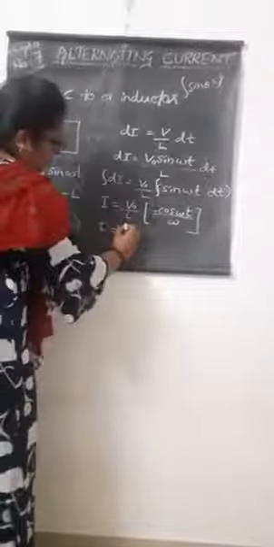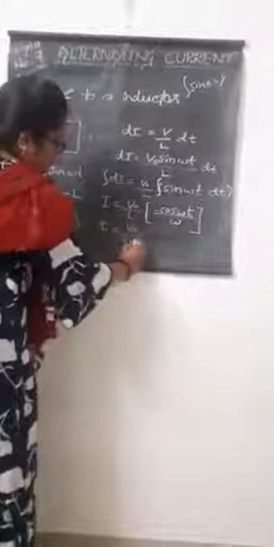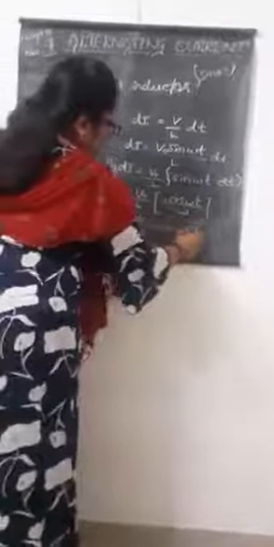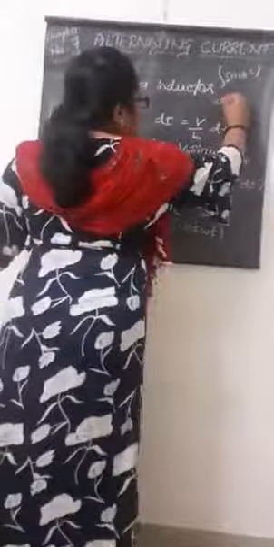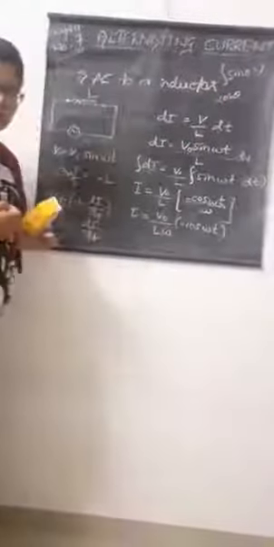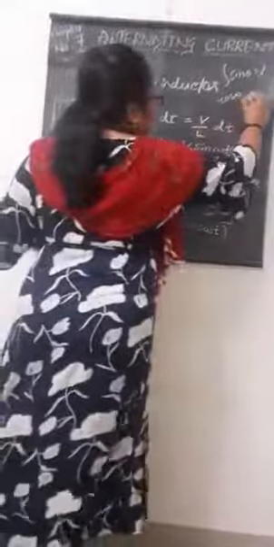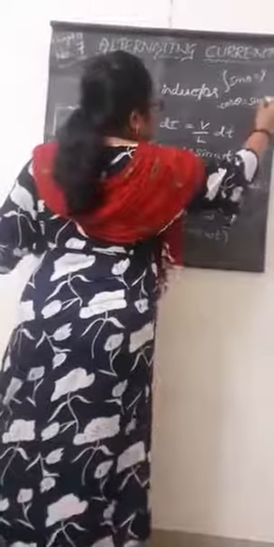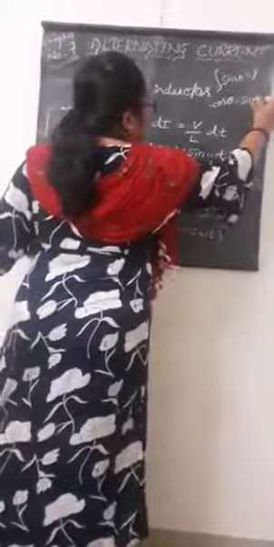Now I is equal to V0 by L omega into minus cos omega t. This is like minus cos theta. So can I write minus cos theta as sin pi by 2 minus theta?